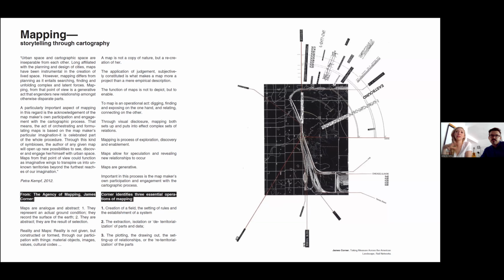academics and practitioners like James Corner, Charles Waldheim, or Stan Allen, in the 90s and beginning of the 2000s, suggested looking at architecture through the lens of landscape, to be able to render built systems that work like artificial ecologies.